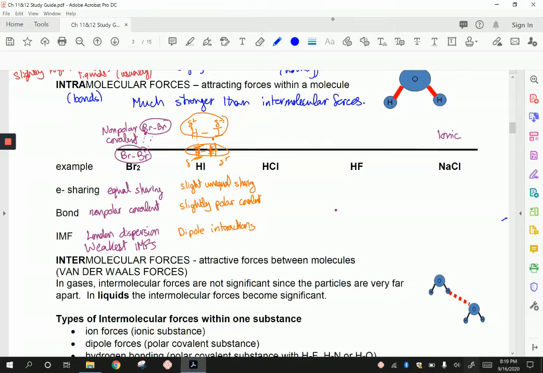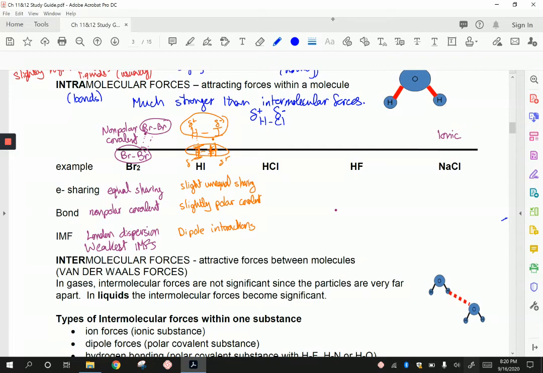So HCl, I have chlorine is more electronegative than the hydrogen, and so it gets a partial negative, and this gets a partial positive. So the difference in electronegativity here is greater than here.